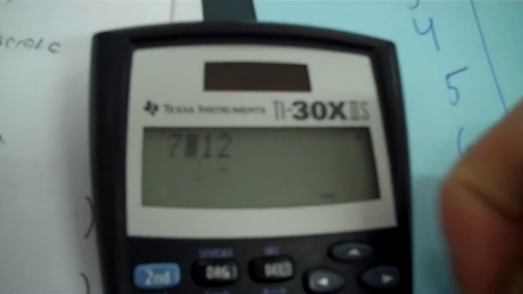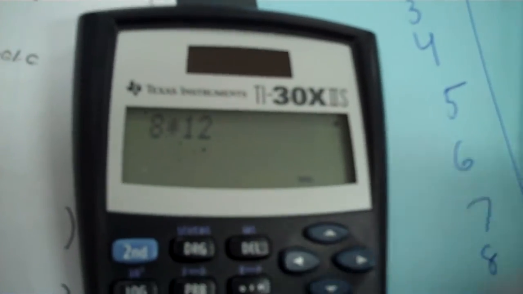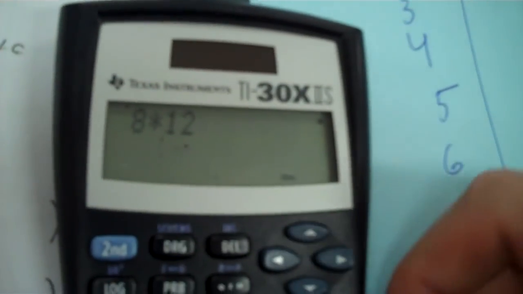If I work 7 hours, $12 per hour, it's going to be 84. 8 times 12 is 96. 9 times 12 is 108.